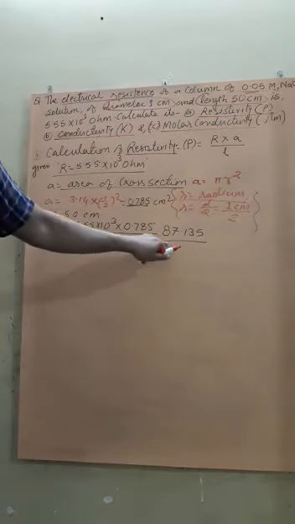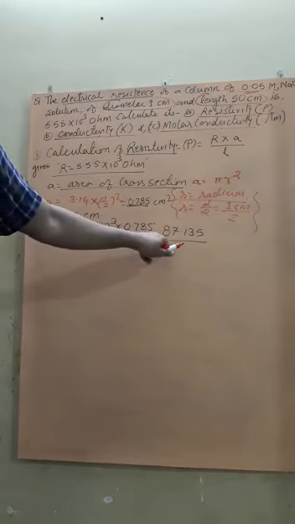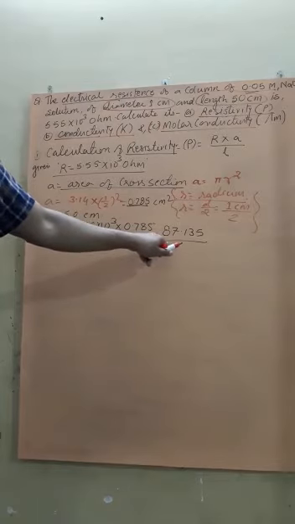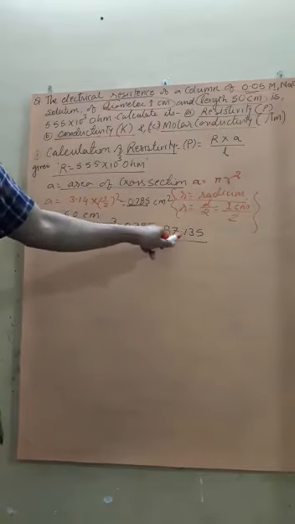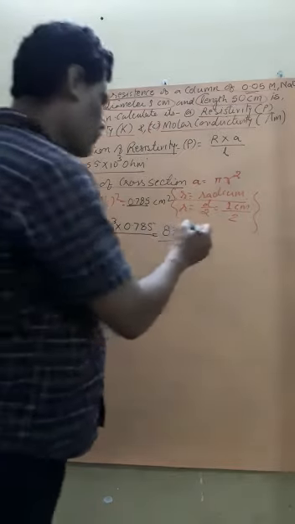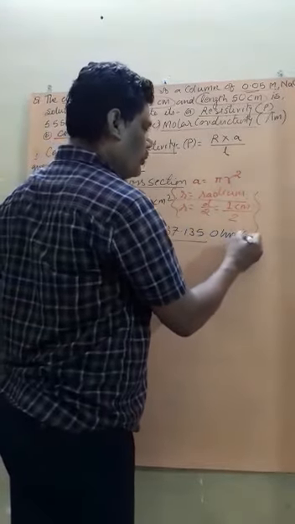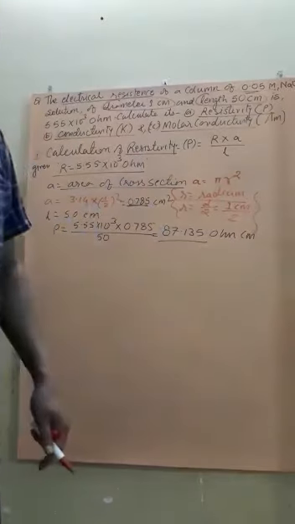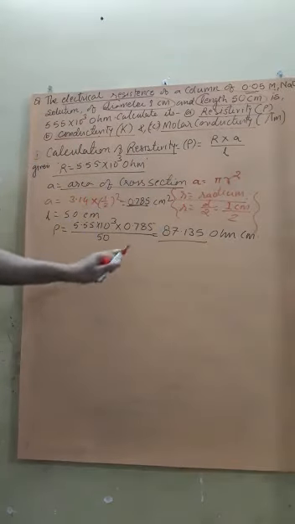This is the resistivity, and the unit of resistivity is ohm centimeter. Getting? So here is the resistivity.